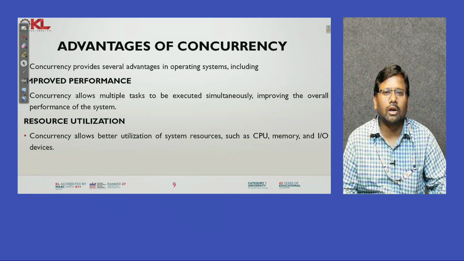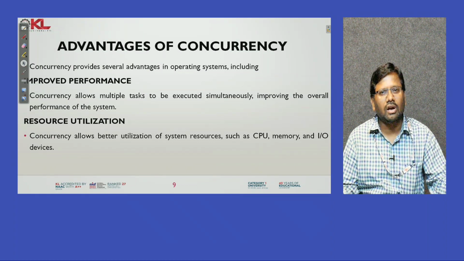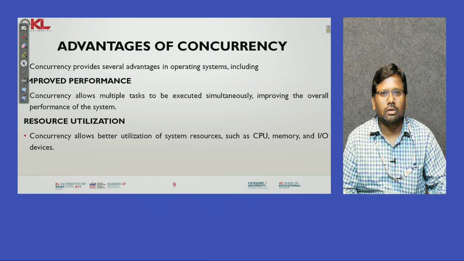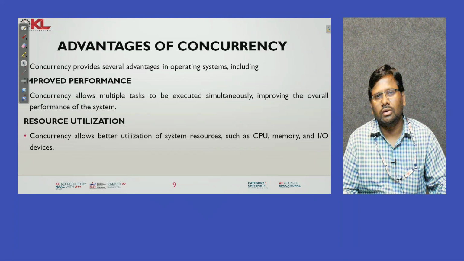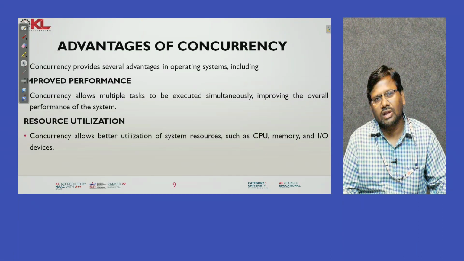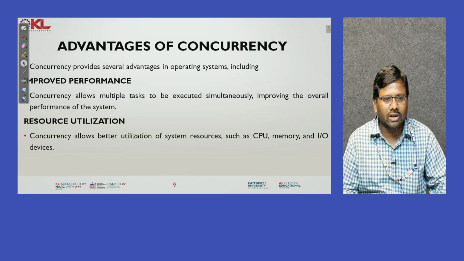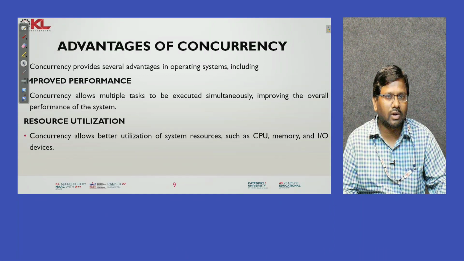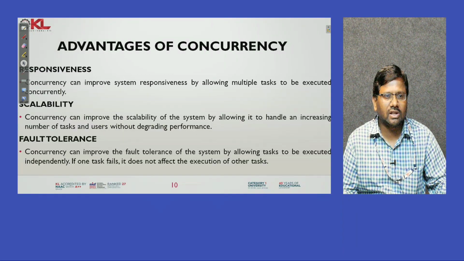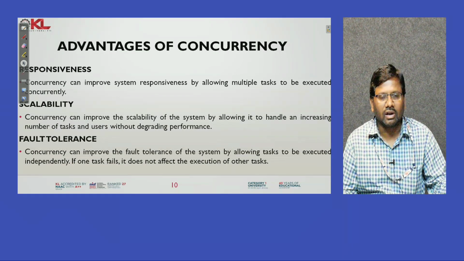So improved performance is the first thing we get with the help of concurrency. Then, the task is achieved with limited resources being utilized optimally, so we achieve even resource utilization, that is, optimal resource utilization.